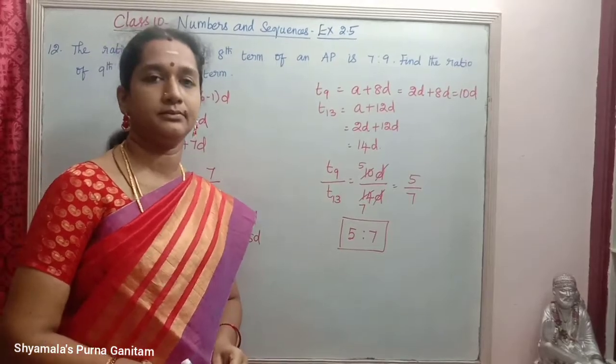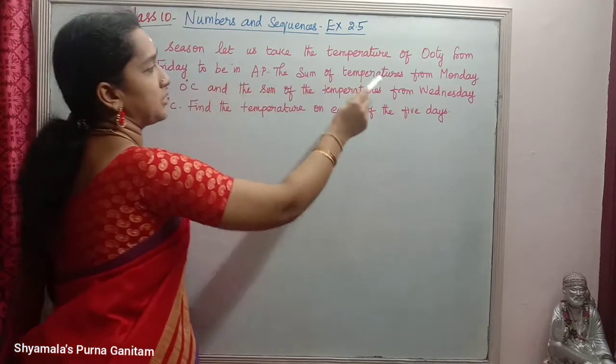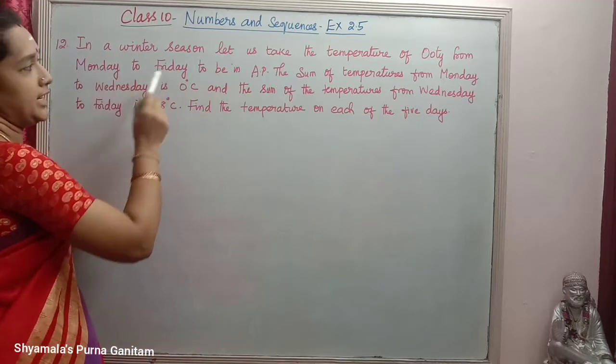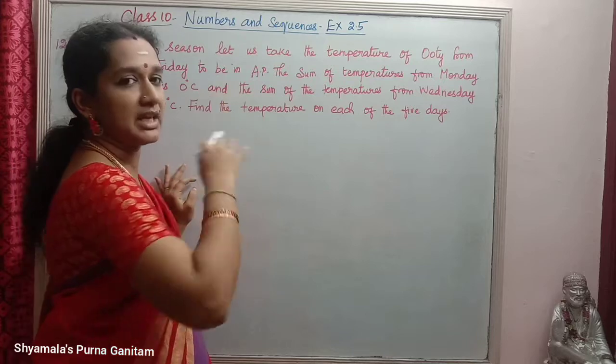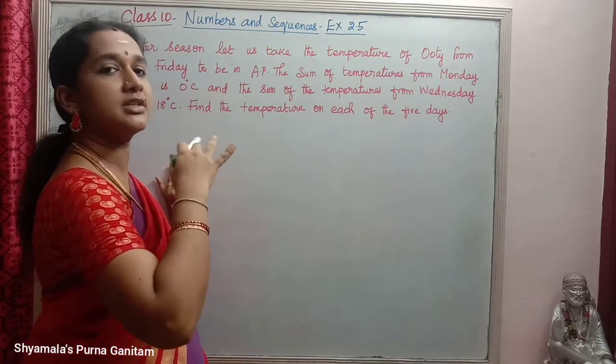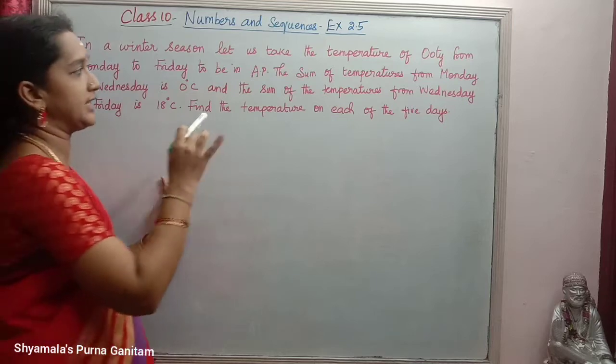The next sum is: in a winter season, let us take the temperature of Ooty from Monday to Friday to be an AP. So in a sequence, the temperatures are there from Monday to Friday, that is 5 days in a week.